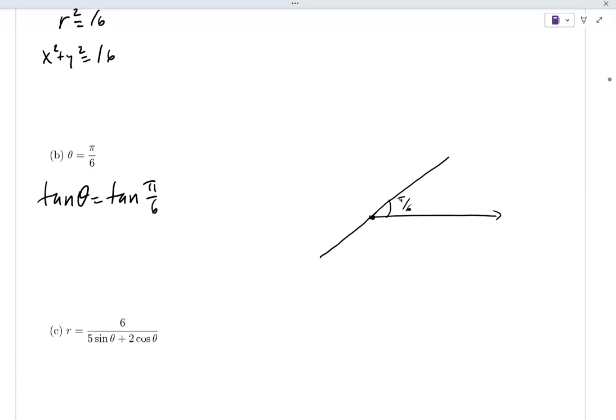So you get tangent of theta equals tangent of pi over 6. What can we stick in for tangent of theta now? Using our conversion formulas here, what can we put in? Y over x, good. And what is tangent of pi over 6?